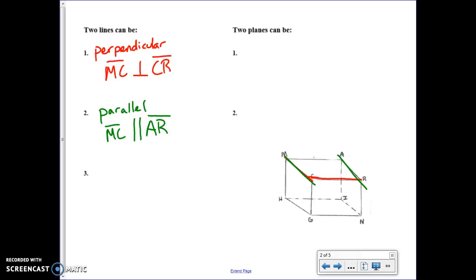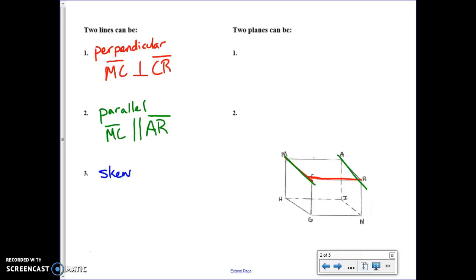Okay, a new term for you is skew. Two lines can be skew. Skew means that the lines are in different planes and never meet. So one extra condition of parallel is that the lines have to be within the same plane. So we said those two lines are in the top of the box, but they never meet.